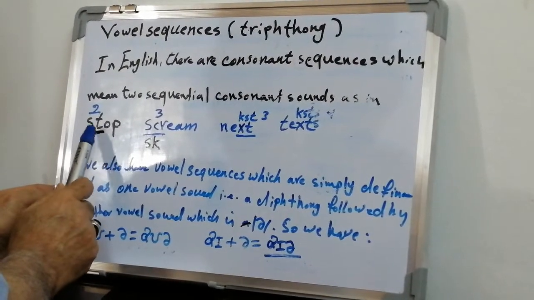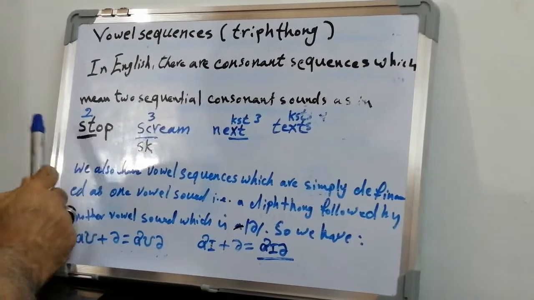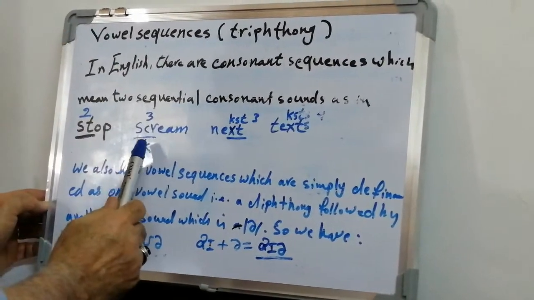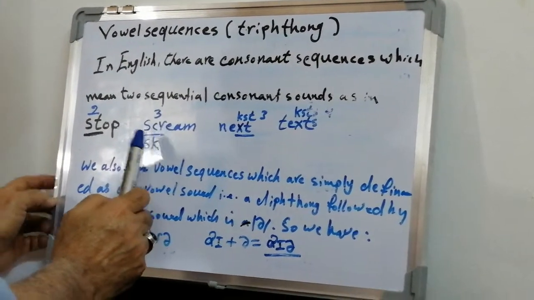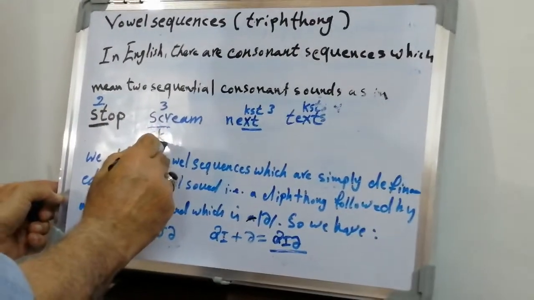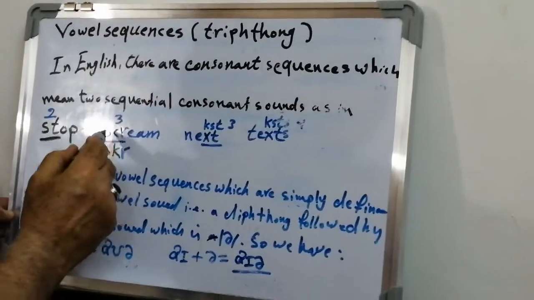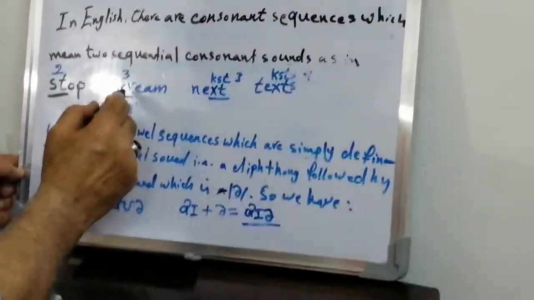We call them consonant sequences or consonant clusters. Sometimes at the beginning we can have three consonant letters, s, k, and r, as in scream, where we have three consonants in sequence.